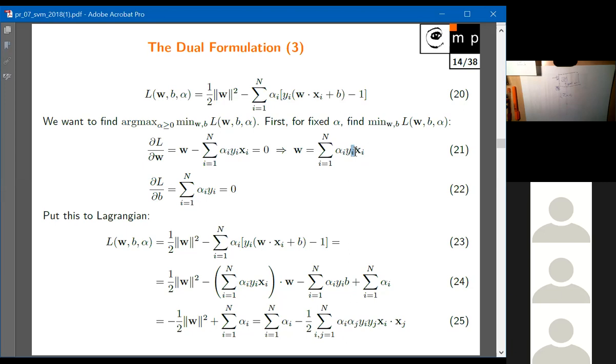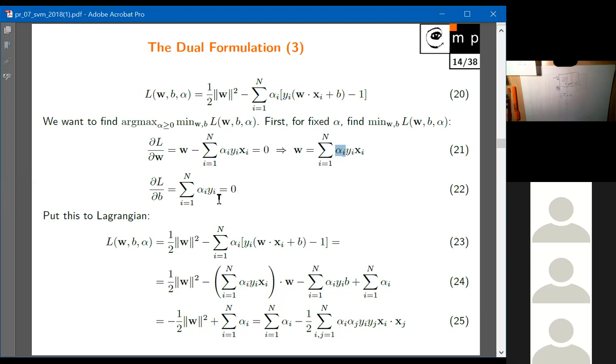By the way, if you remember the perceptron algorithm, it also came up with a solution which was a linear combination of some of the inputs. The alpha was not there, but some input vectors, those incorrectly classified, were added to the solution with this sign. Now let's take a derivative with respect to B, and the condition is the sum of alpha i, yi equals 0.